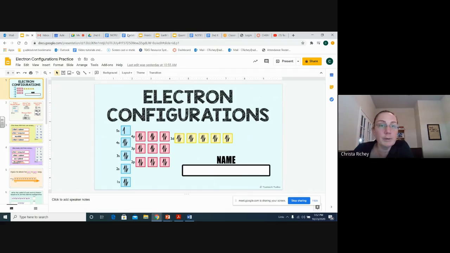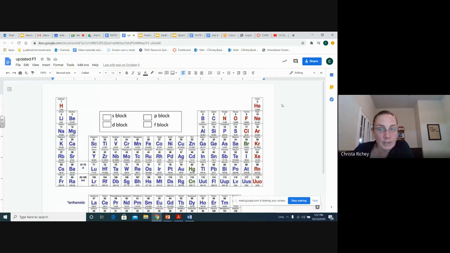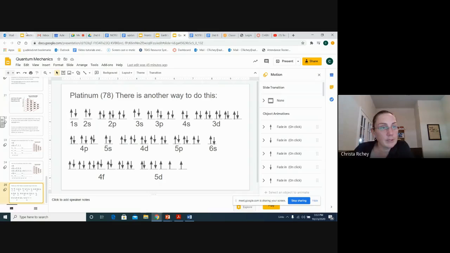But on the periodic table, 1s, 2s, 2p, 3s, 3p, 4s, 3d is next, then 4p, which is why this thing is so important for you guys to build correctly. Back to the right slide.